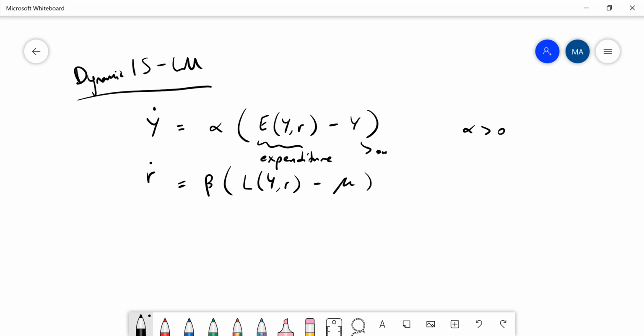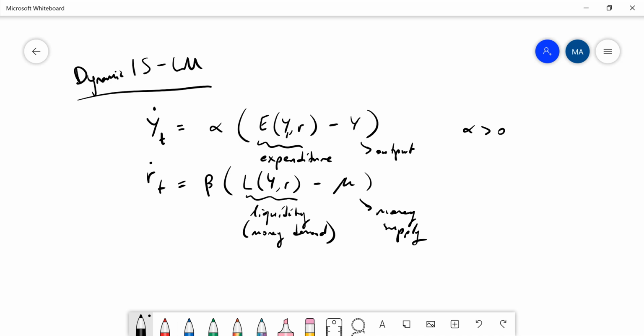So this is output. This is liquidity function or money demand. And this is money supply, right? So now what you see here is that these are, of course, time variant things. Mu is fixed and beta is positive.